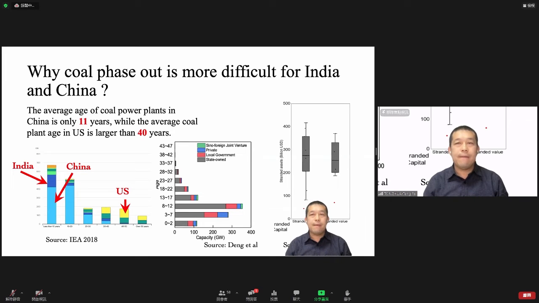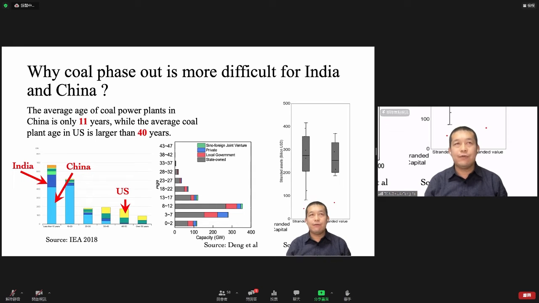And also, we talk about the infrastructures, which also play a role. The left figure shows the vintage mix of the electricity generation capacity in the United States, China, and India. Generally, the United States coal plant capacity is very old. The average plant age in the United States is larger than 40 years.